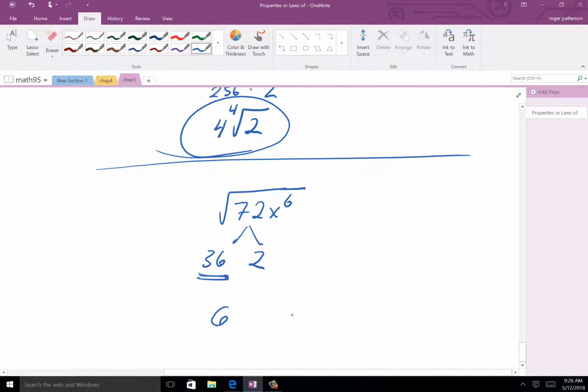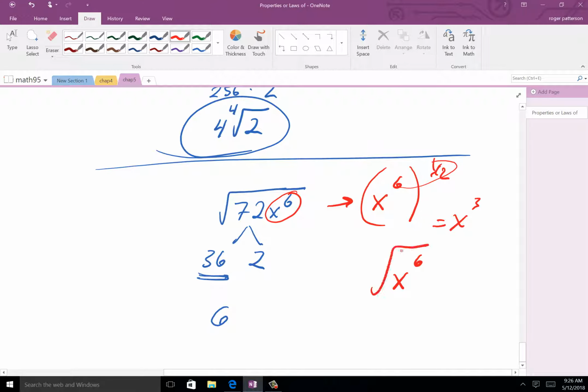Now I have this. There's a couple ways of thinking about that. One way is this way. This is x to the 6th. It's a square root, so it's to the 1/2 power, which means that if I multiply these exponents, I would get 3. That's one way of thinking about it. The other way is this.